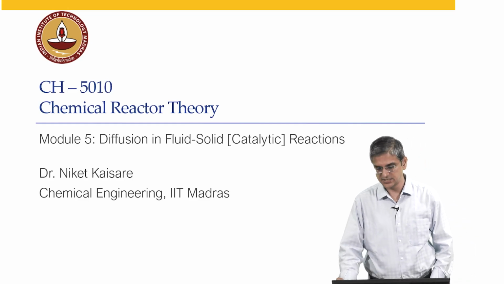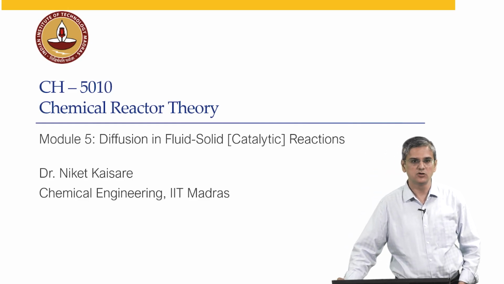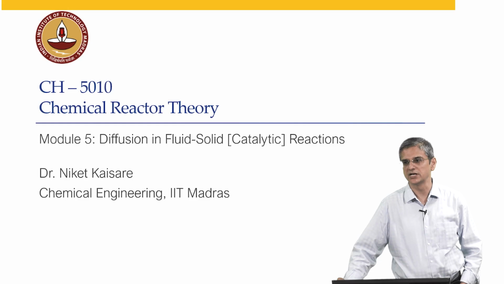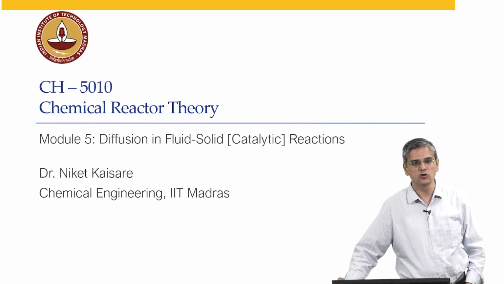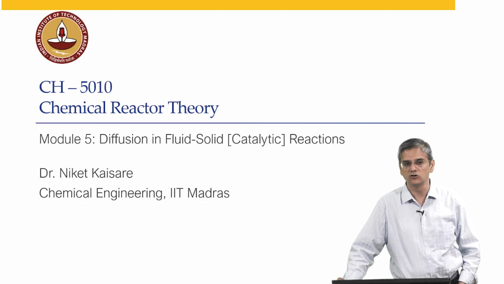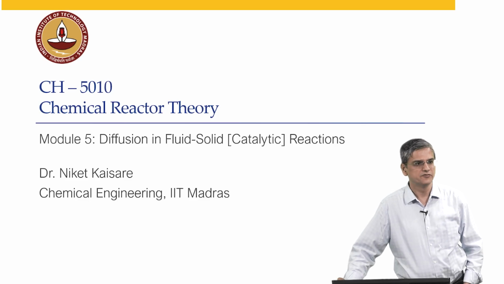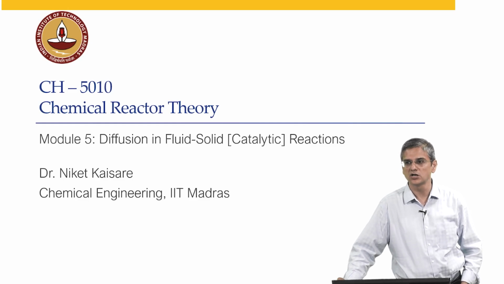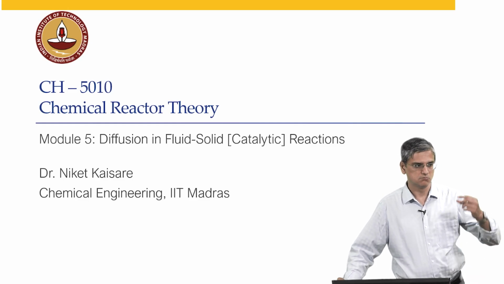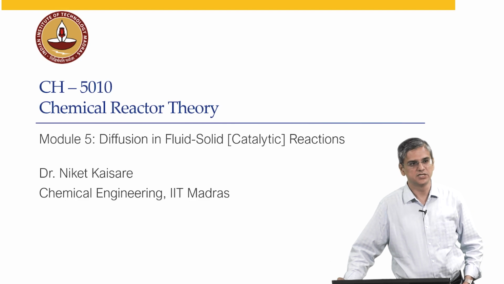Modules 5, 6 and 7, we are going to look at a mesoscopic level. Okay. What we mean by mesoscopic level is, when it comes to a solid, we would look at a solid particle. When it comes to liquid-liquid reactions or gas-liquid reactions, we will look at a gas bubble or a droplet within a system.